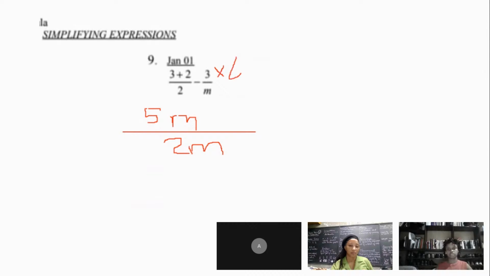And this can't be simplified any further. So this cannot be simplified any further. If there was a number other than 1 that could go into the 6, the 2, and the 5, we could cancel.